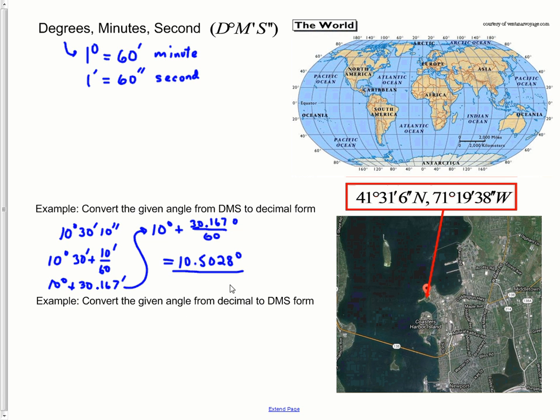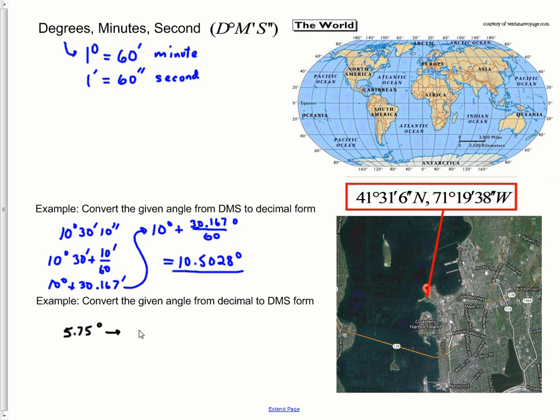10.5028 degrees, right? Now, of course, we can go from decimal form to degrees, minutes, and seconds just as well. If we wanted to go the other direction, let's say that I had an angle of 5.75 degrees, and I wanted to convert that into degrees, minutes, seconds. What will it look like?